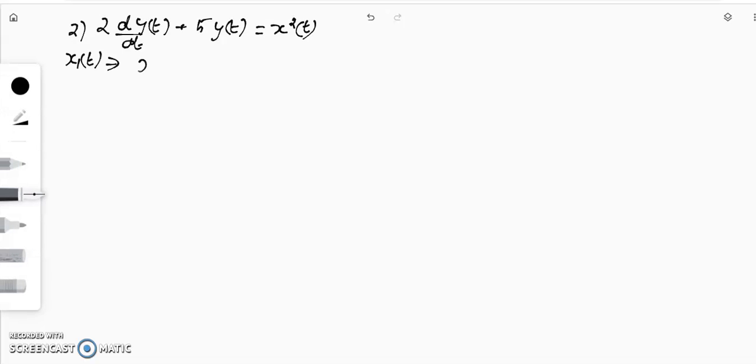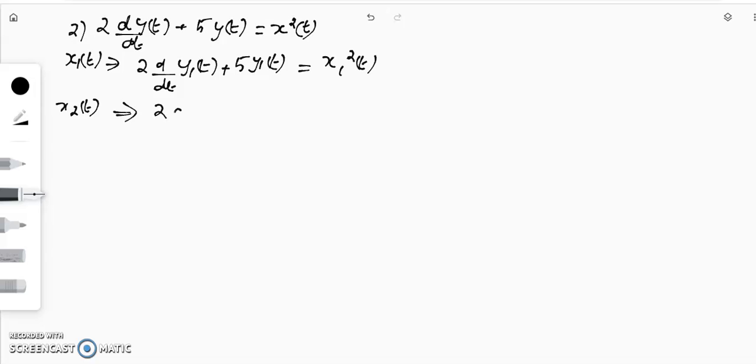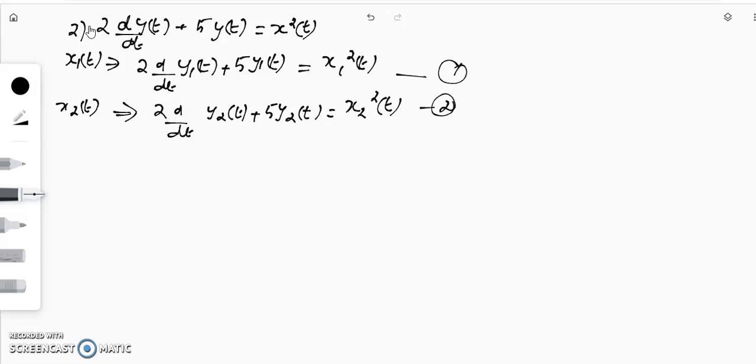It will be like 2 d by dt of y1t plus 5y1t will be giving x1 square t, and if the input is x2t, then you can write like 2 d by dt of y2t plus 5y2t is equal to x2 square t, and call it as equation 1 and equation 2. Then multiply equation 1 with a1 and equation 2 with a2.